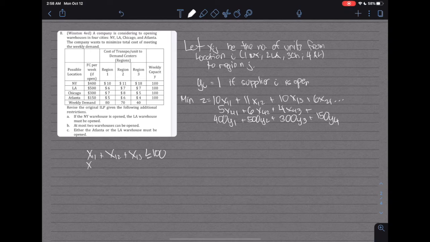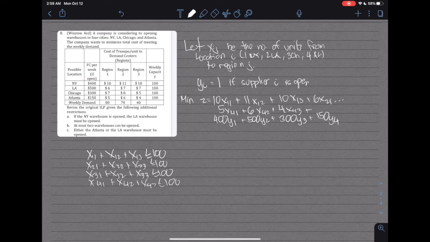For LA, it's the same: x21 plus x22 plus x23 less than or equal to 100, x31 plus x32 plus x33 is less than or equal to 100, and x41 plus x42 plus x43 is less than or equal to 100.